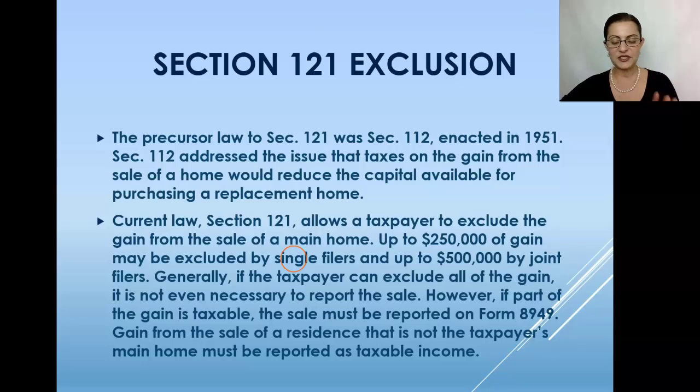So it's just easier to just report the sale. And if all the gain is excluded, then exclude all the gain. There'll be an override in your software. There'll be a place to put it, but you will be able to avoid a notice later.